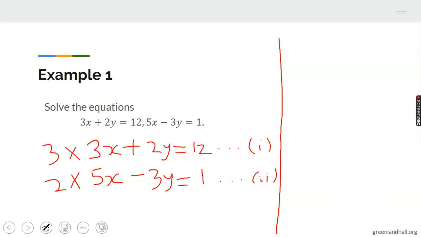Equation 1 is by 3, so that will be 9x, because 3 multiplied by 3 will give you 9, plus 6y equals 36.